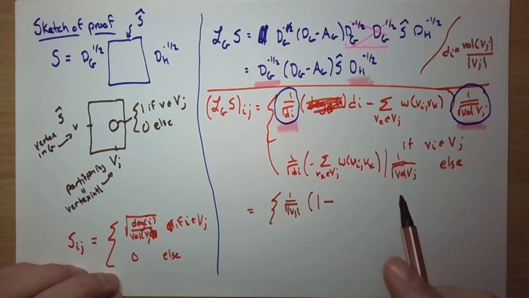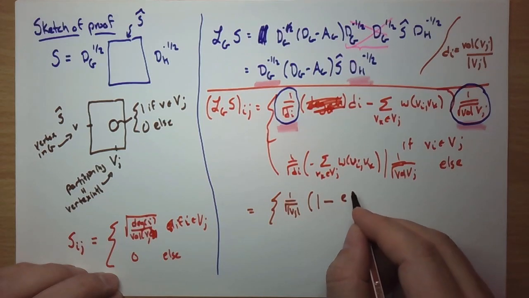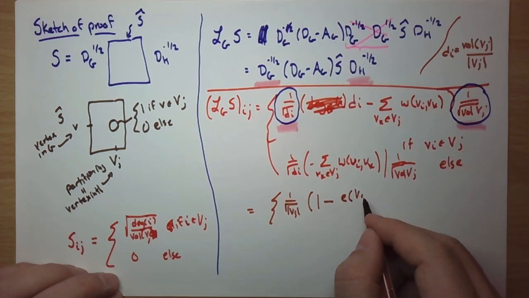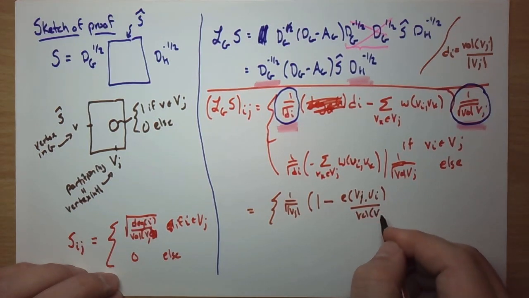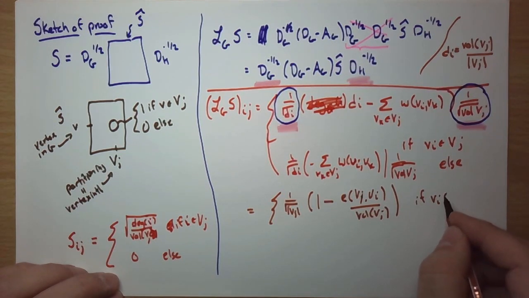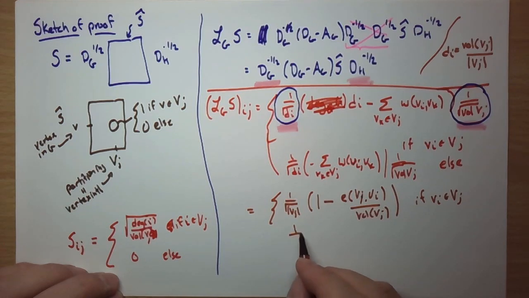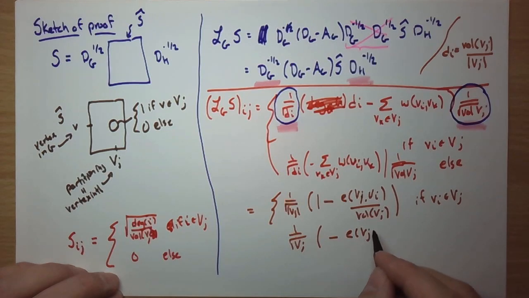Well, we're going to end up with the edges between v_j and v_i over the volume of v_j. All right. And this is if v_i is in v_j. Otherwise, we get 1 over square root of v_j, and then it's just minus the edges. But we ended up with a square root.